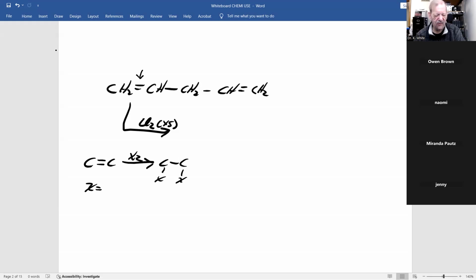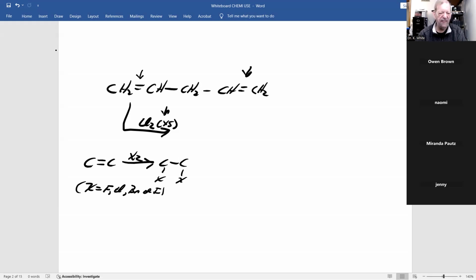And remember, X can be, in this case, fluorine, chlorine, bromine, or iodine, the halogens. Well, I have excess here because I have two double bonds. Now, do you break carbon-carbon single bonds?